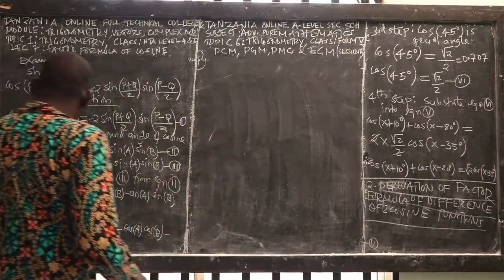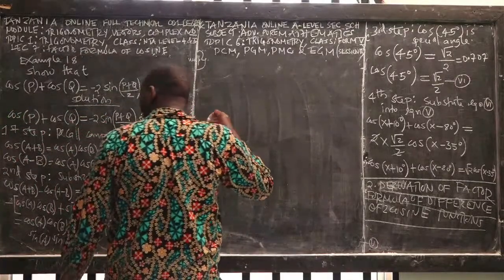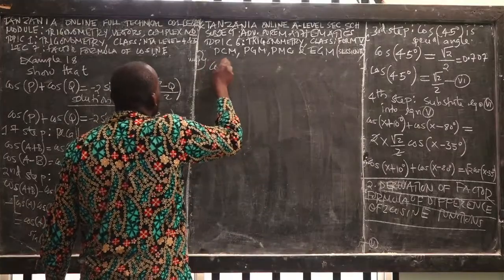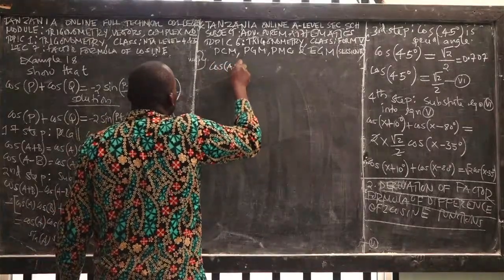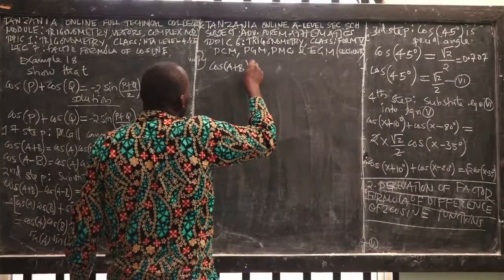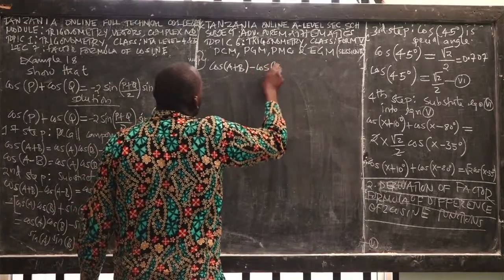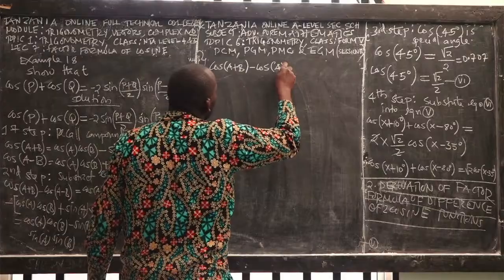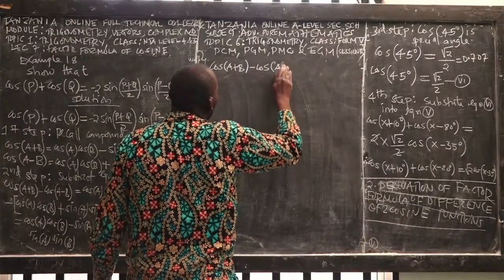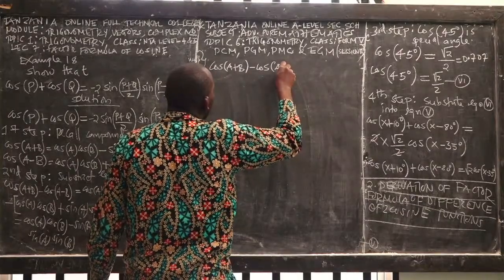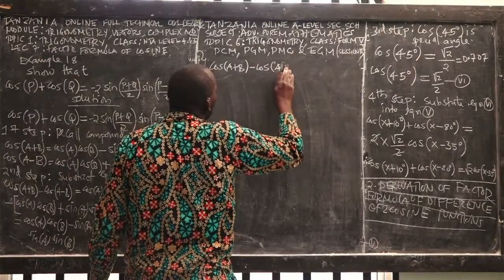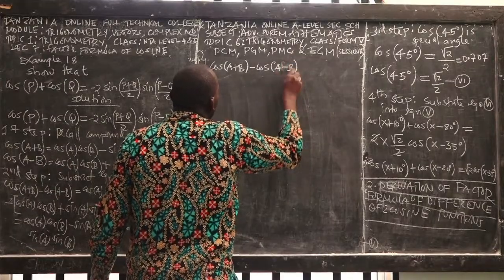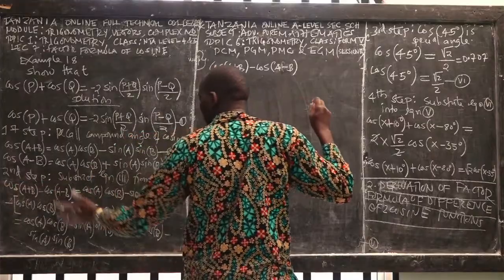Well, so what did we have? We have cos of A plus B, then minus cos of A minus B on left hand side.